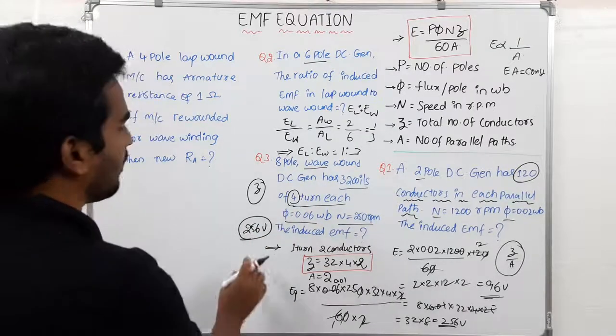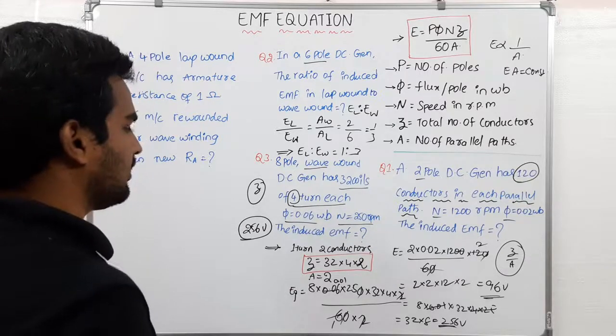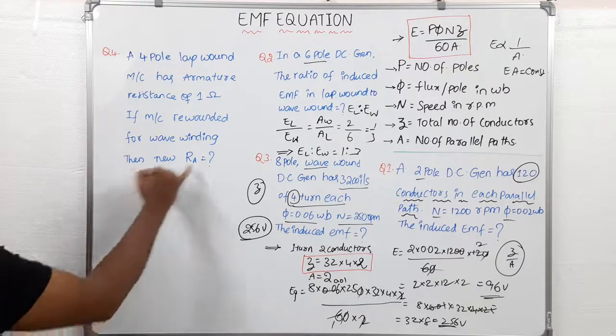Okay, I think you have understood this problem, and next we'll move to the fourth problem. A 4-pole lap wound machine has an armature resistance of 1 ohm. If the machine is rewound for wave winding, find the new armature resistance.